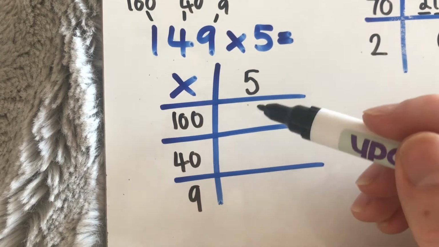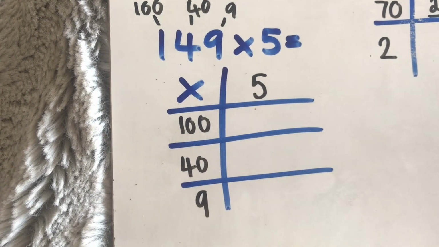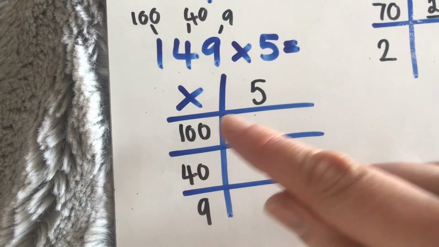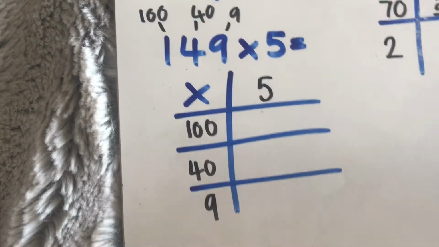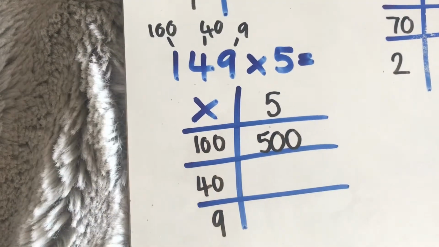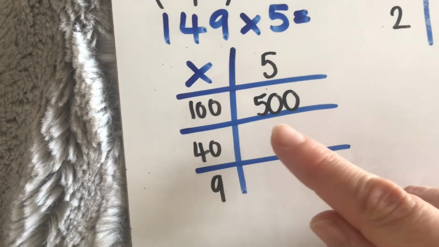What is 5 times 100? Hopefully you can do that in your head, Y3, without having to take off any of the zeros. 5 lots of 100 is 500. 40 times 5. For this one, I am going to take off a 0.